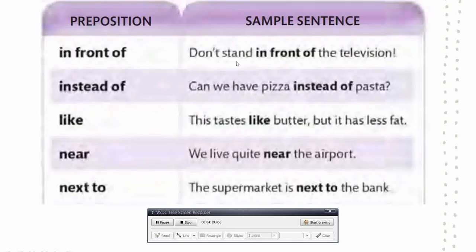In front of. Don't stand in front of the television. Instead of. Can we have pizza instead of pasta? Like. This tastes like butter, but it has less fat. Near. We live quite near the airport. Next to. The supermarket is next to the bank.